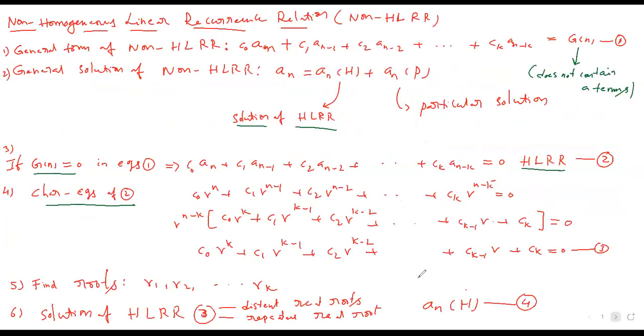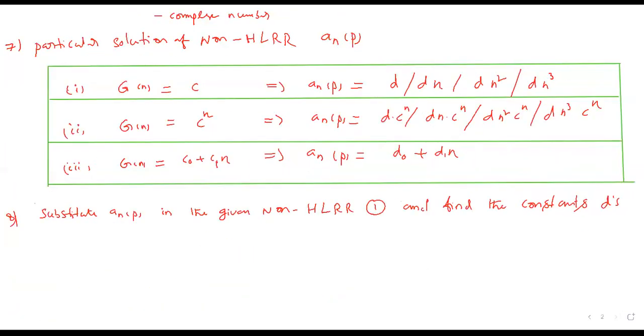Yes. This is the equation. You will get one of the equations, that equation I am denoting by 5. An means equation 5, already written in the table. That equation 5, an of p, we have to substitute in the given non-homogeneous linear recurrence relation.